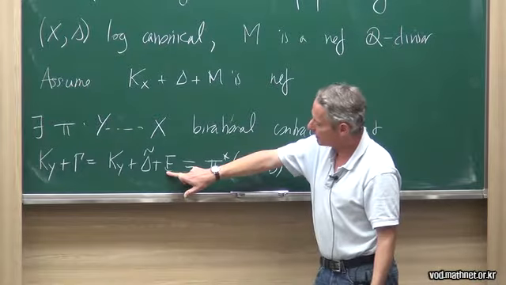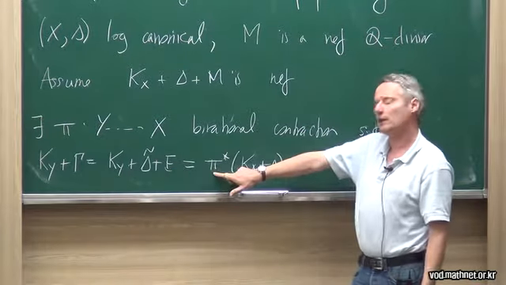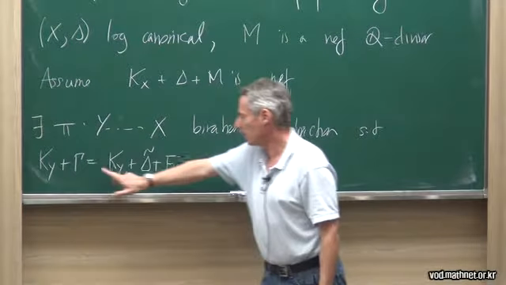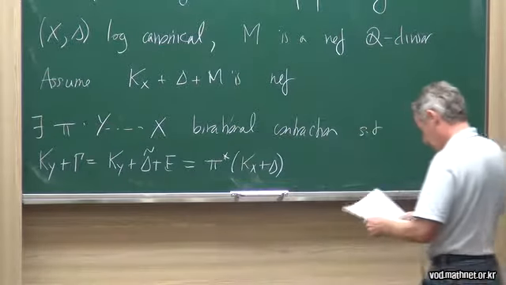This will be the sum of the exceptionals. This makes sense for rational contractions if you think about it a little bit. And I'll call gamma delta tilde plus E in short.